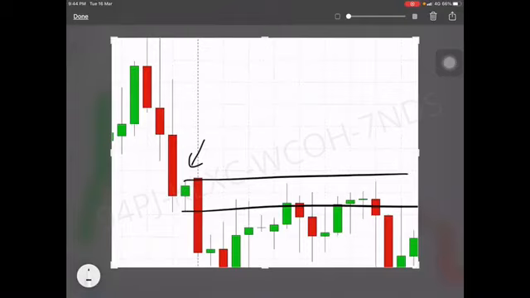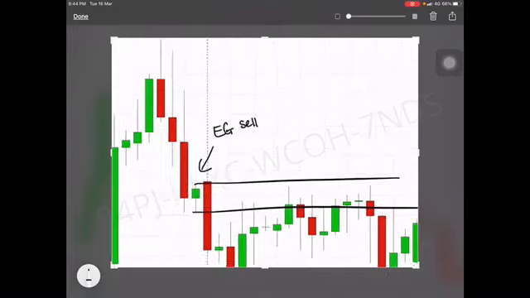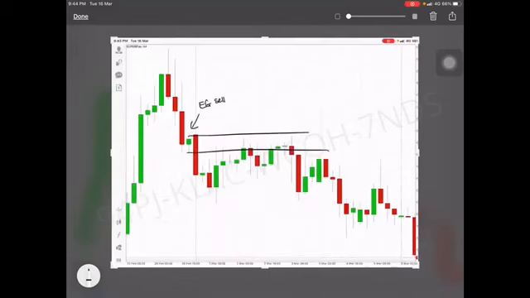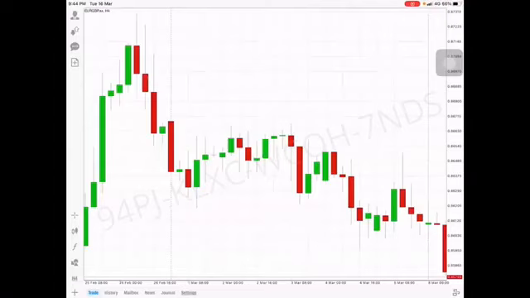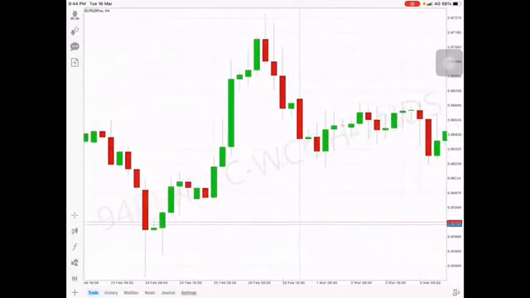This is engulfing sell. It broke. So when the price comes to this zone again, are we looking for sell or buy? Sell. Yeah, that is correct.